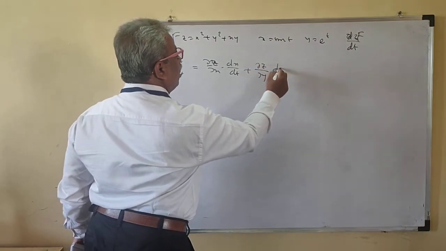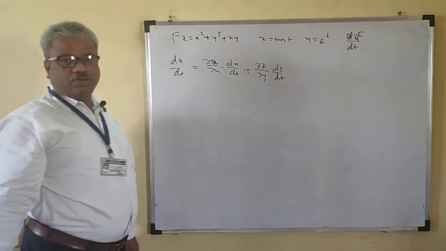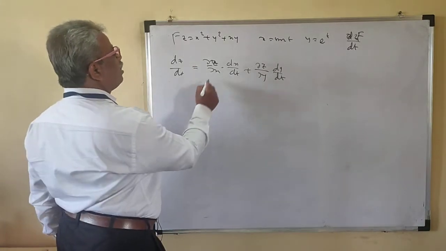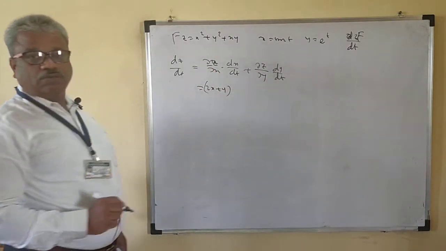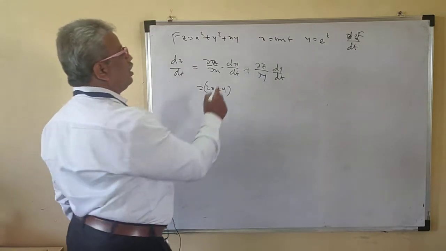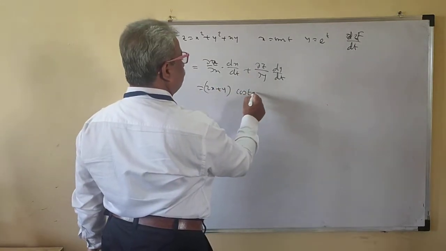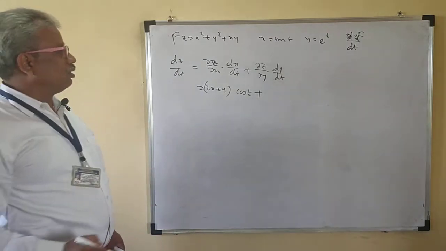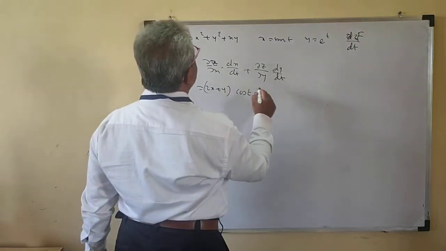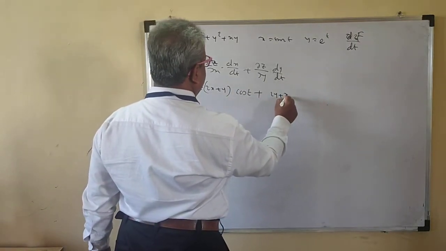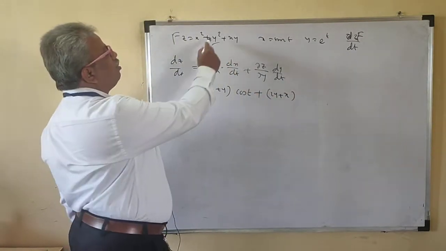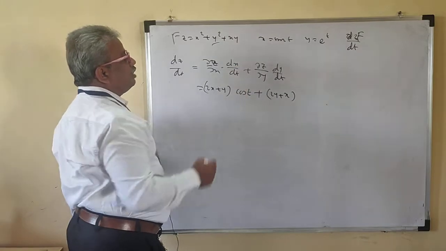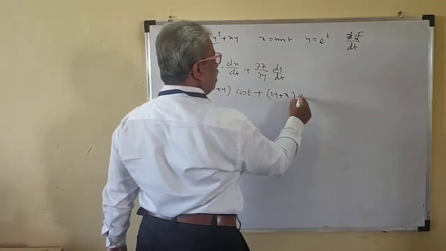Dou z by dou x is twice x plus y, and dx by dt is cos t. Dou z by dou y is twice y plus x: the derivative of x square is 0, of y square is twice y, and of xy is just x. And dy by dt is e raised to t.